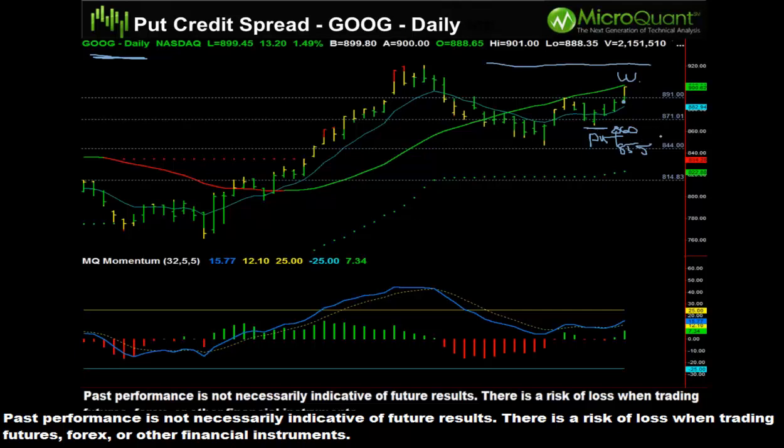But what we're going to do is we're going to collect a credit, and this is just pulling it out of a hat, but it's a good example because we'll pull out 35 cents a contract for these spreads, or $35 a contract. Now, basically what we're saying is that the short strike is 860. See this level right here? We're saying that the price of Google will not fall below 860 in the next 2 days, Thursday and Friday.